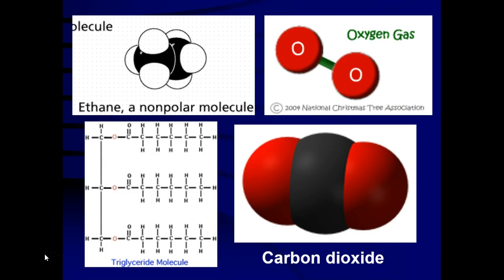Carbon dioxide, which is a gas that we breathe out, is one of the products of metabolism, also classified as a nonpolar molecule. And of course, things like molecular oxygen, molecular hydrogen. Anytime that you have things that bond to themselves, their electronegativities are going to be the same, and so they're going to be nonpolar.